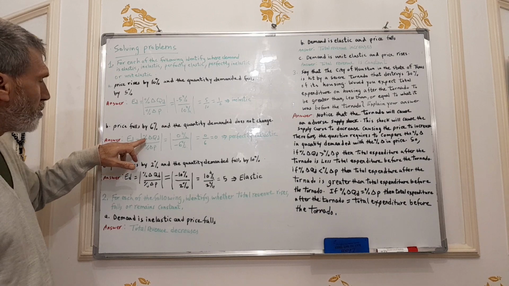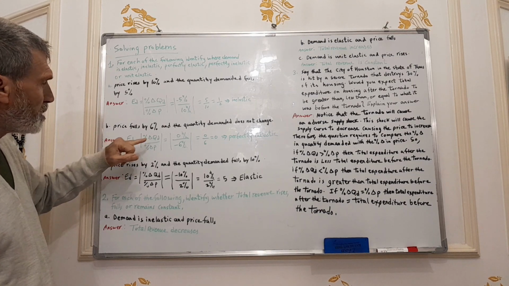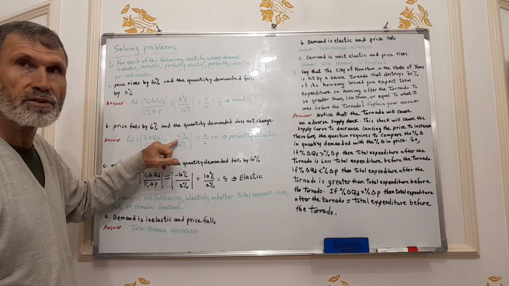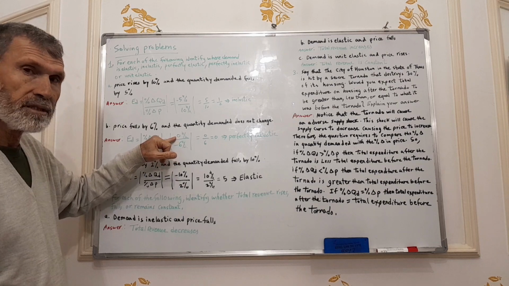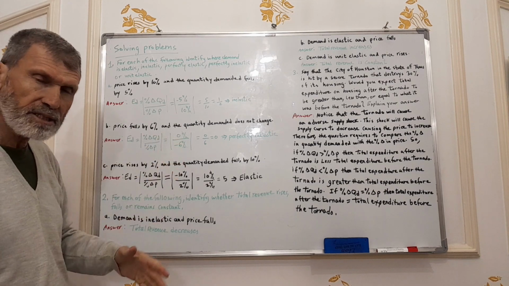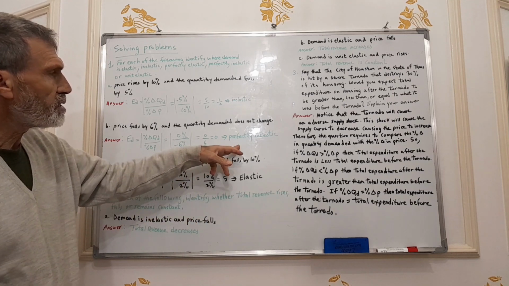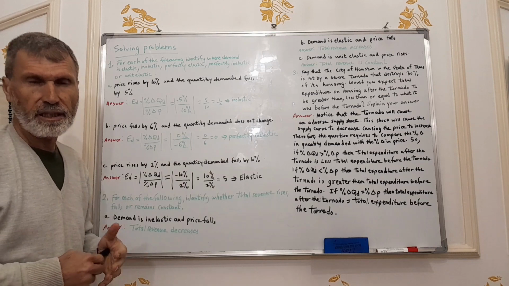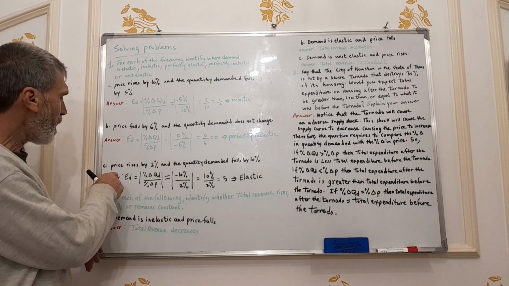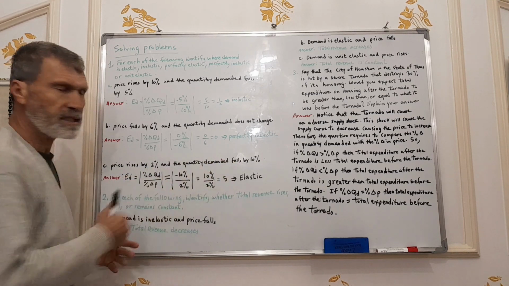ED is the absolute value of the percentage change in quantity demanded over the percentage change in the price. We come up with 0% over minus 6%, the percentages cancel out, and we come up with 0. This is perfectly inelastic.